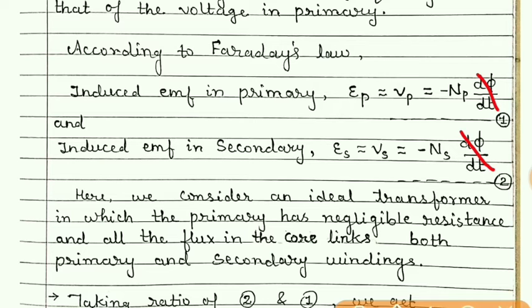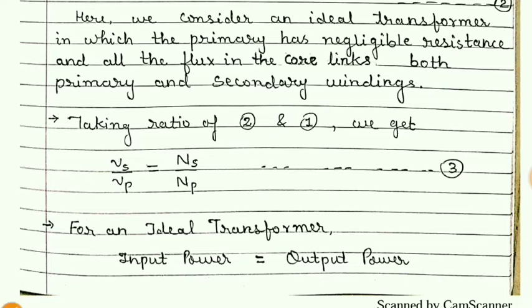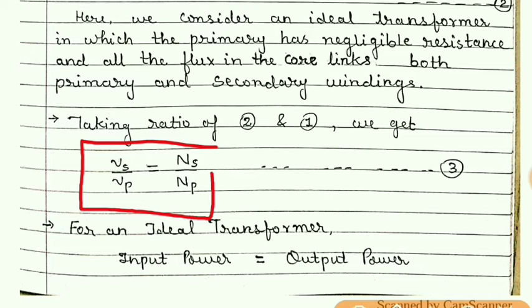So what we will get? We will get Vs upon Vp is equal to Ns upon Np. The minus sign will also cancel. So by taking the ratio, we obtain this equation: Vs upon Vp is equal to Ns upon Np. Let us give this equation number 3.